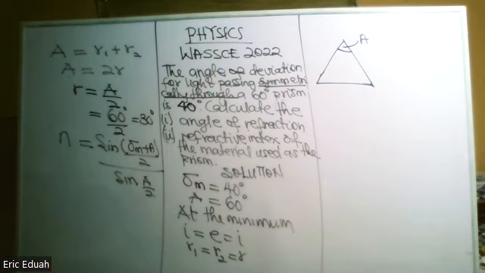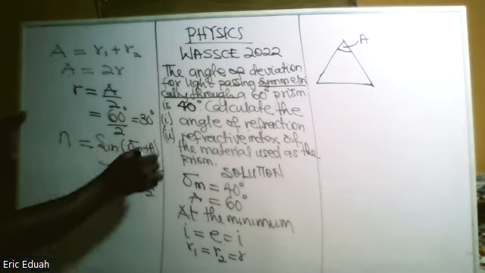We have the minimum deviation, we have A, and so we can find that. Don't forget this is I.